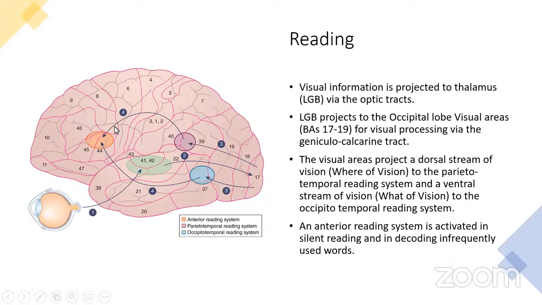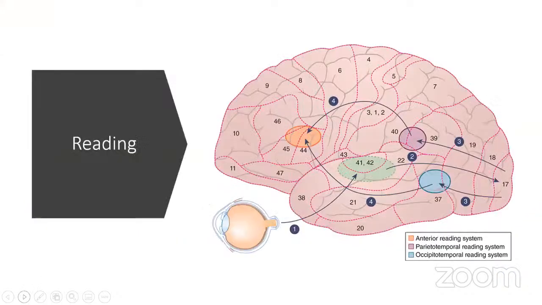Reading is a complex task, and as you can see, so many connections are involved. That's why in all language or aphasia assessments, reading and writing are important aspects of assessment. So one should know what disturbances can happen in reading.